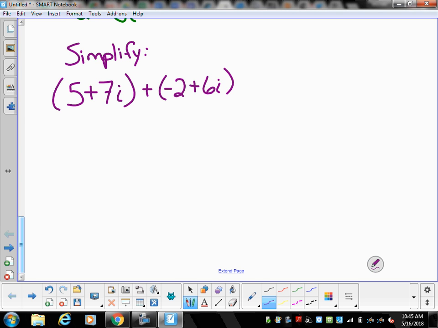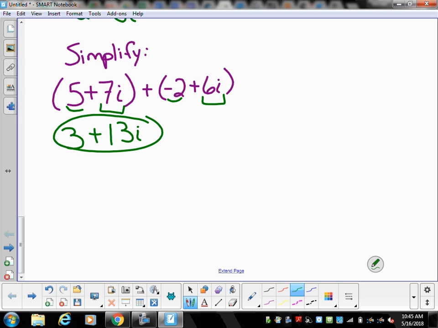All right, so what I'm hoping is that you notice that you have like terms, and that's what you're combining. It's just like if you had a variable instead of the i. So 5 plus a negative 2 is 3. 7i plus 6i, positive 13i.